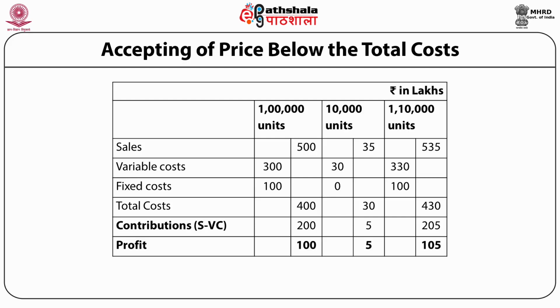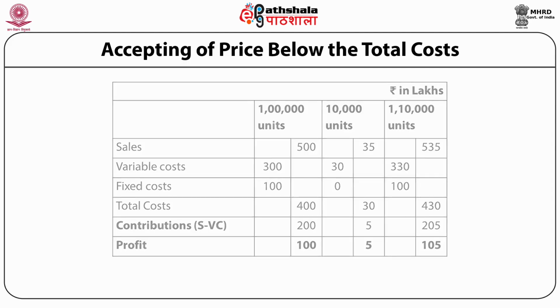The additional cost is only because of variable cost, which will increase, whereas the fixed cost will remain constant. So in these situations, the company can accept these orders. So a company can accept orders below the market price up to the level of variable cost.